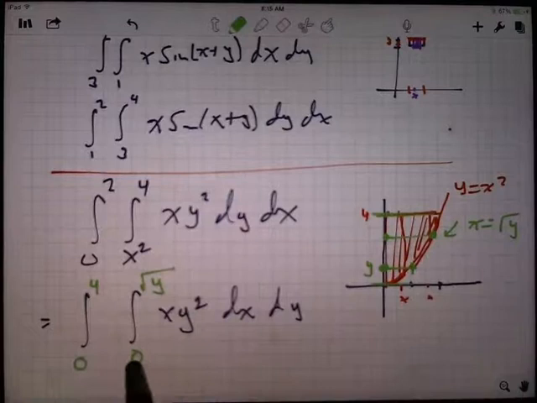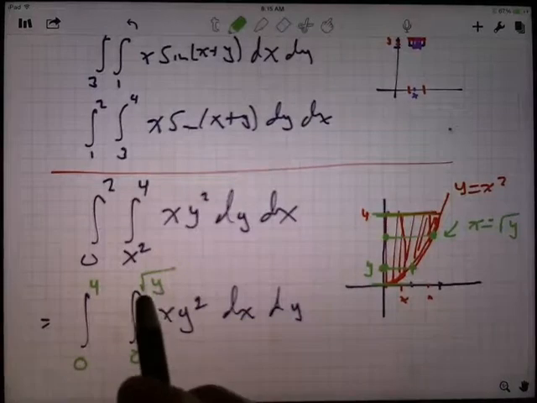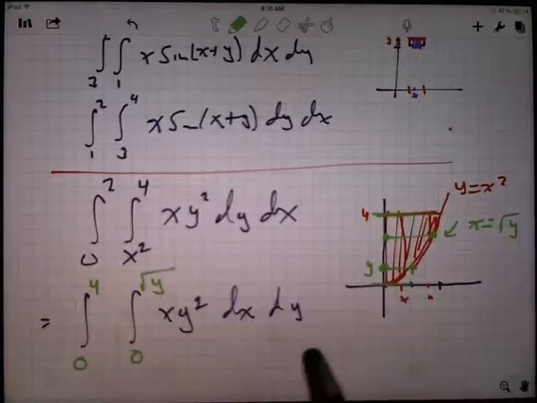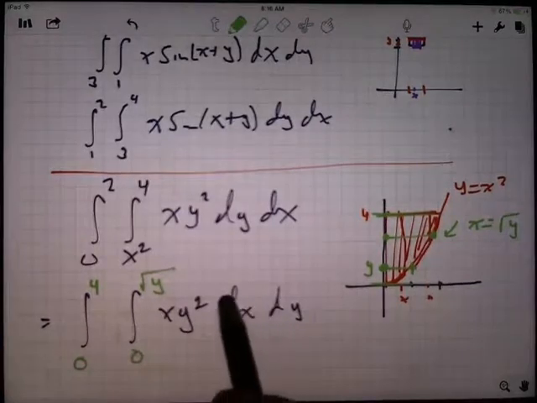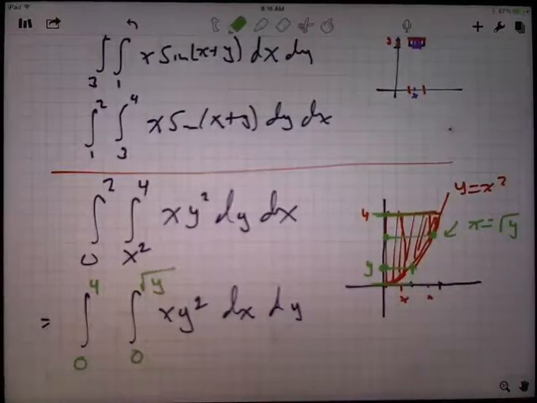The limits on the inside integral are either numbers or functions of the outside variable. So there's a 0 here and a square root of y, and that's okay because y is the outside variable. This integral should give us the same value as that one, but I've reversed the order of integration.